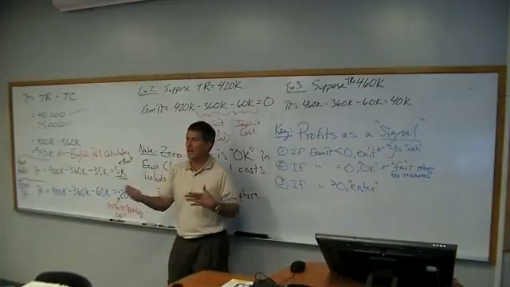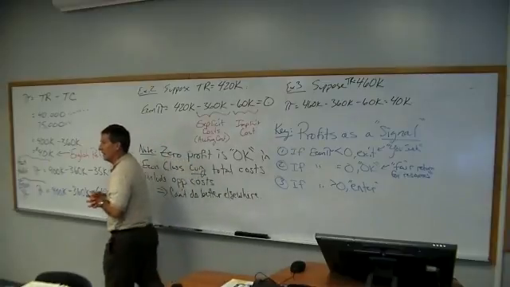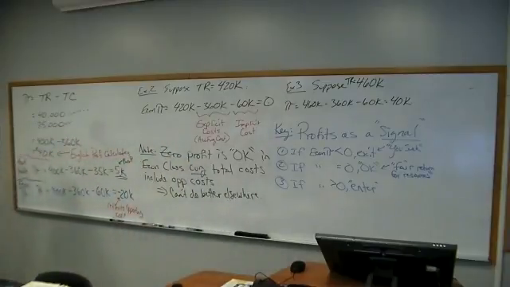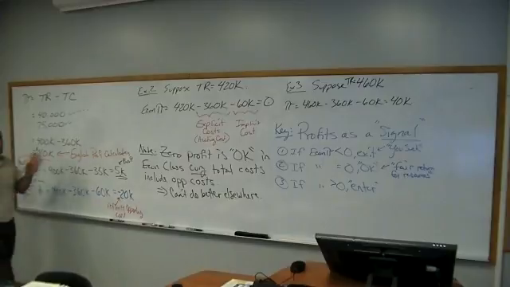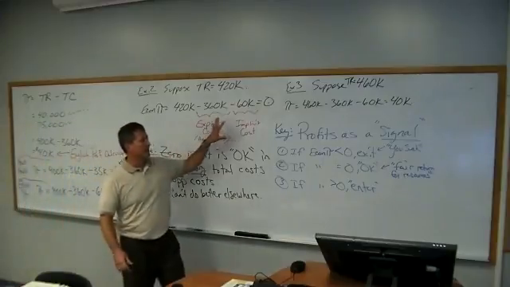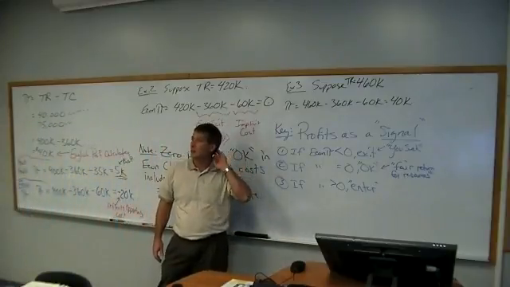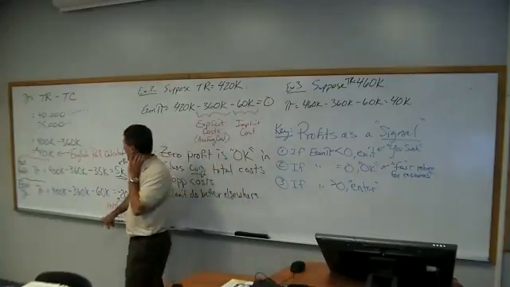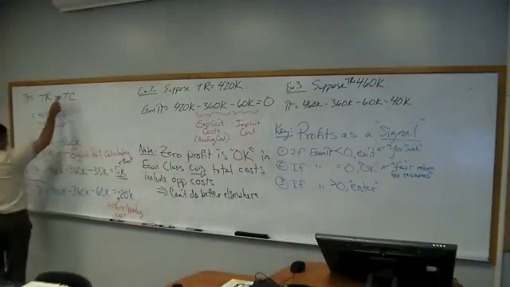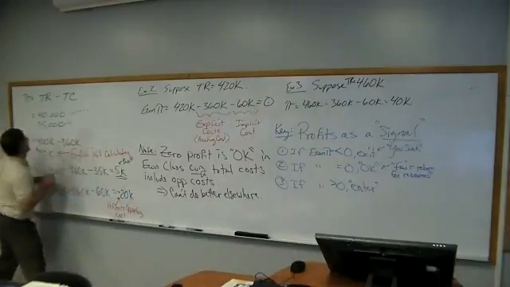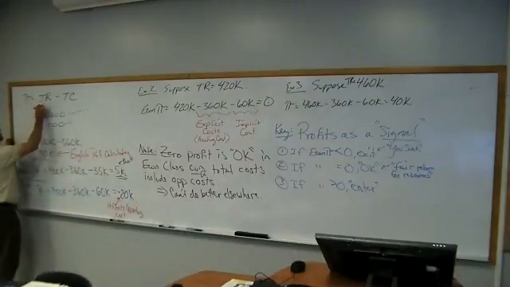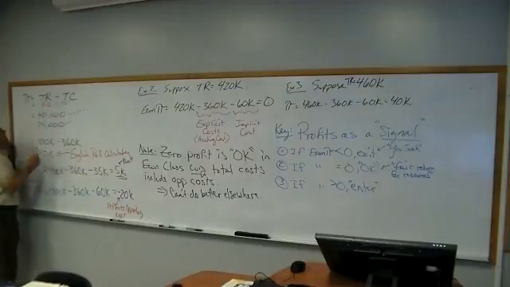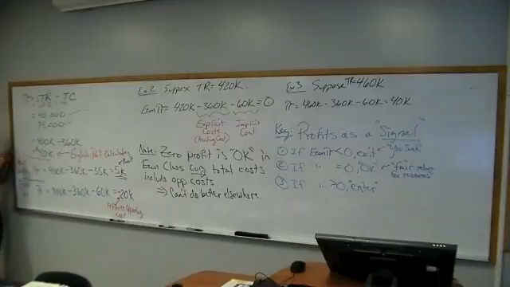Because people are going to be running sales to try to get business their direction. And so the falling price is going to happen. If price falls, what do you predict is going to happen to profit? It's going to fall too, right? So we go back to this equation, and remember that profit is total revenue, price times quantity, minus total cost. If prices start to drop, total revenue starts to drop, and those profits are going to be squeezed away, right?